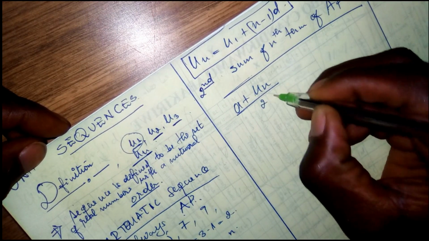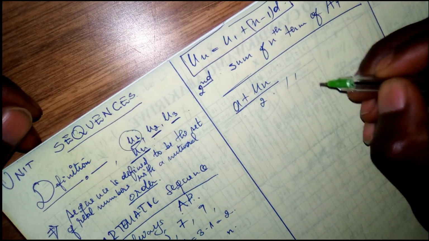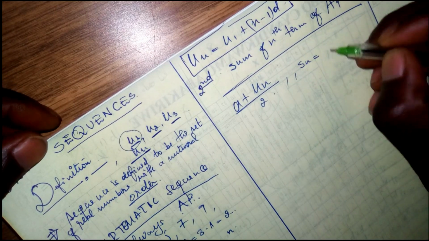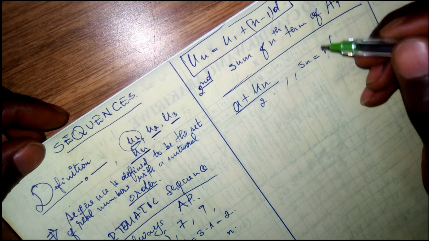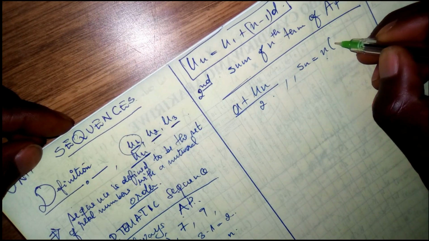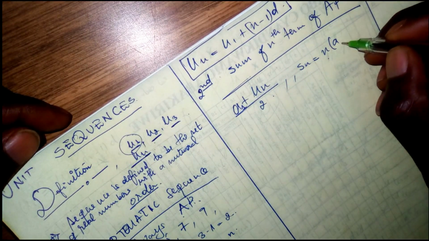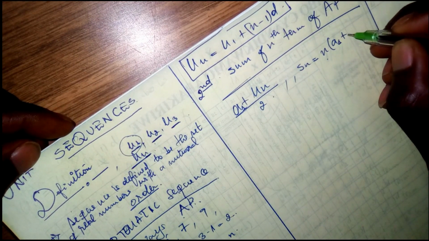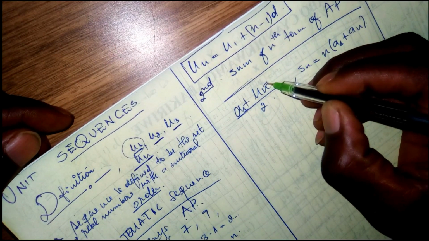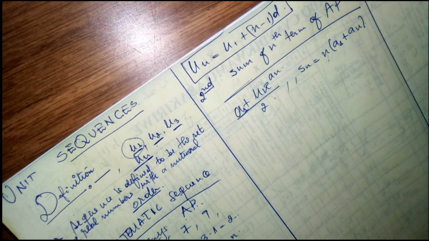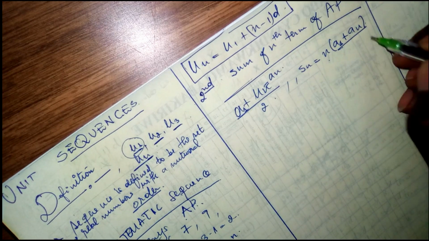Then multiplying by the number of terms, we get Sn, which is equal to n, where n is the number of terms, times the average of all terms, that is a1, where a1 is the first term, plus an, over 2.